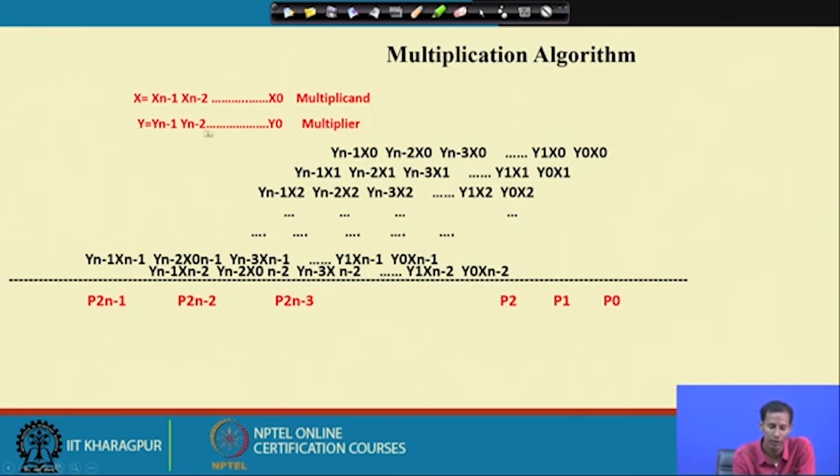I am multiplying this number with these values: 2 to the power 0, then 2, then 4, then 8, so up to 2 to the power 7. Initially I am considering 4 bit over here, and then multiplying with 8 means what? I am left shifting by 3.